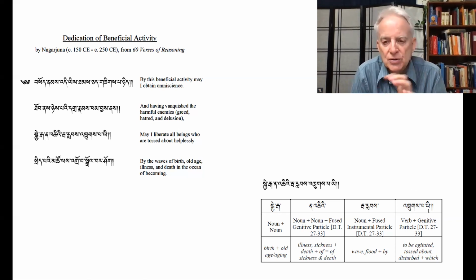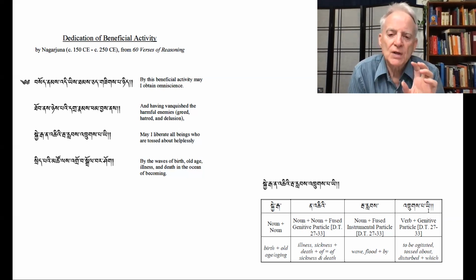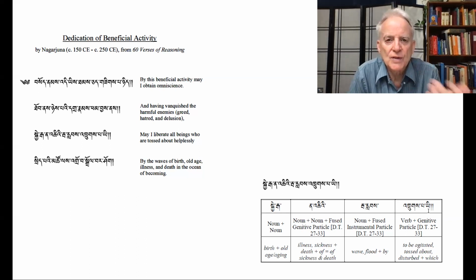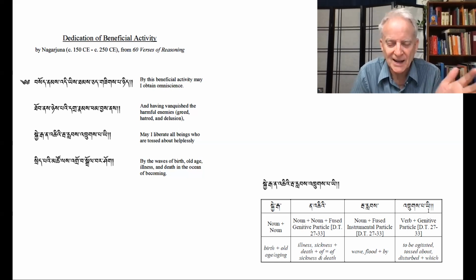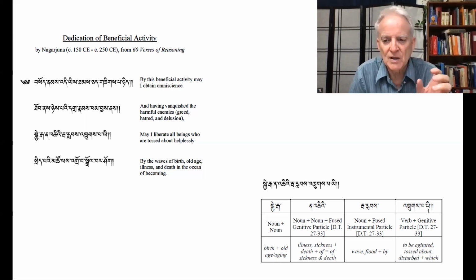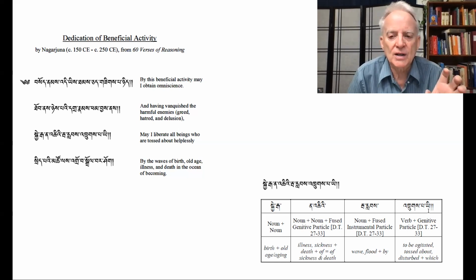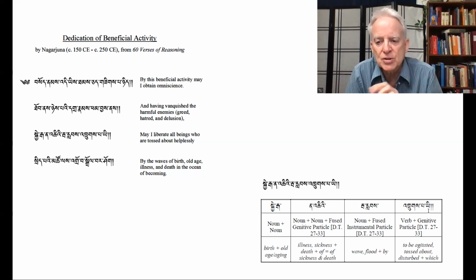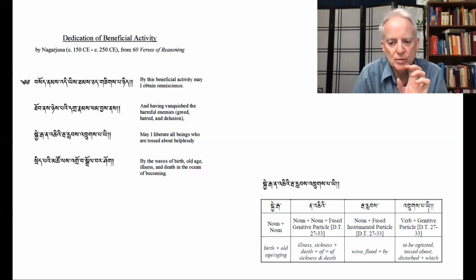We learn about particles in general, and then particles, their uses can be broken down into 2 big categories in Tibetan. How are they used with nouns? And that would include noun phrases like with this big cat or something like that, the whole thing. How are they used in that kind of way versus how are they used with verbs? So here we have a genitive used with a verb.